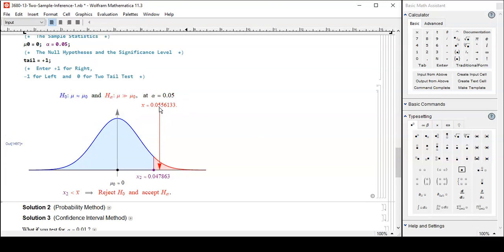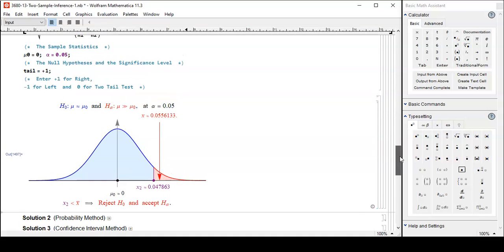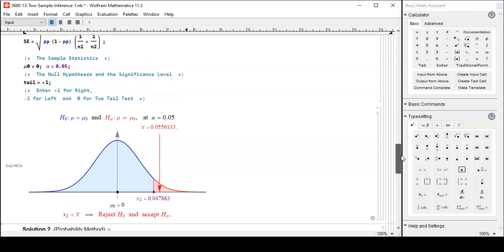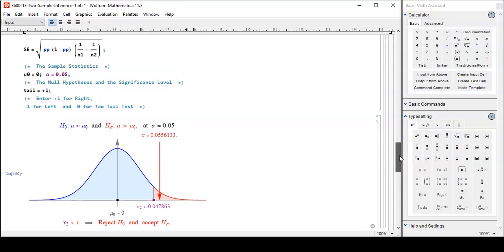The difference is 0.056 something, and the critical value changed a little bit, but I didn't change a lot, so the conclusion didn't really change a lot either. 5% is the significance level, so it's still the same: we reject the null hypothesis and accept the alternative hypothesis. We ended up getting that.